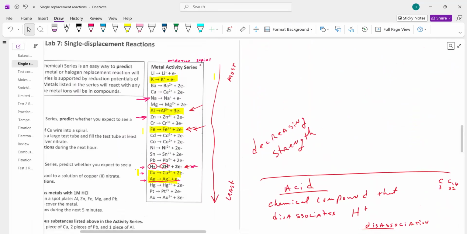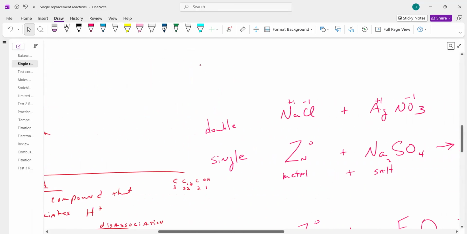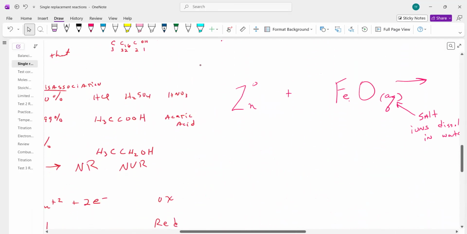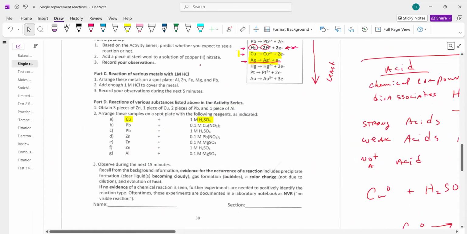We have zinc and iron. So zinc metal is higher than the iron. So that means that reaction is going to go. And you'll notice, pay attention to the charges also.